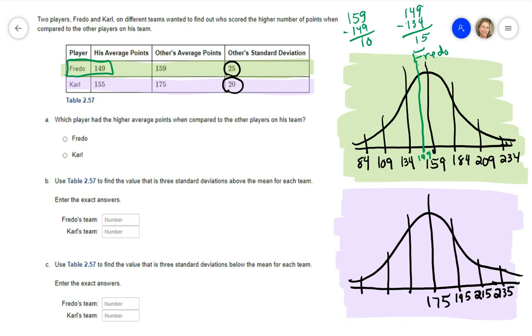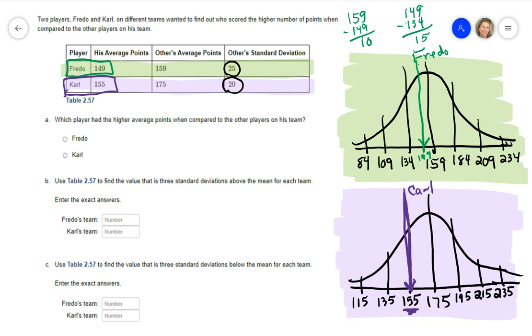So 175 minus 20 is 155, minus 20 is 135, minus 20 is 115, and then Carl, he is at 155. He's exactly right here. This is where Carl is.